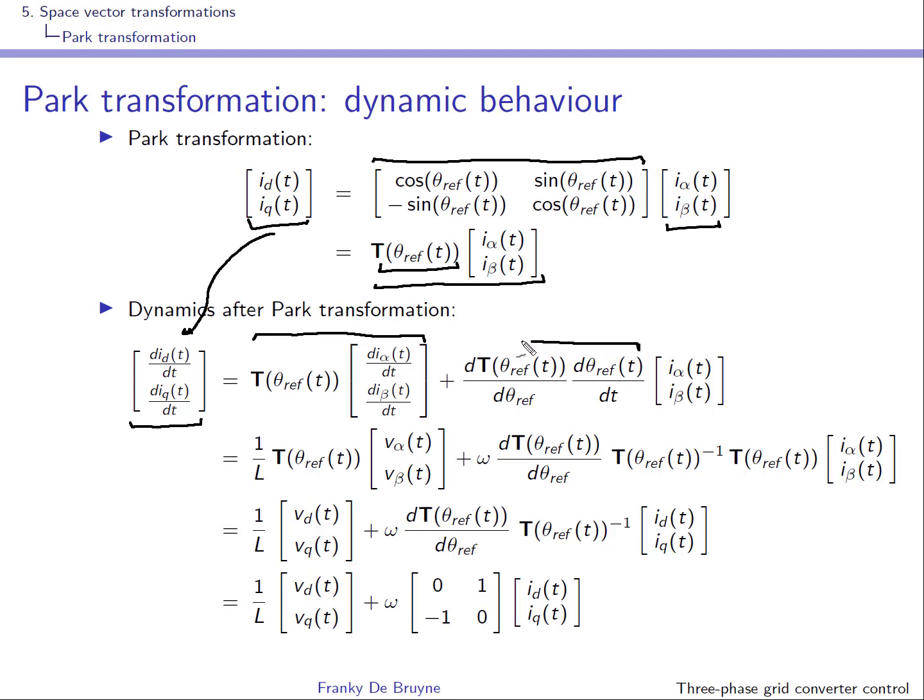So what you see over here is indeed the time derivative of that. You've got to take the derivative in chain, so the derivative of this rotation matrix with respect to the reference angle, this is what you see over here, times the time derivative now of the reference signal, and this is what you see over here.